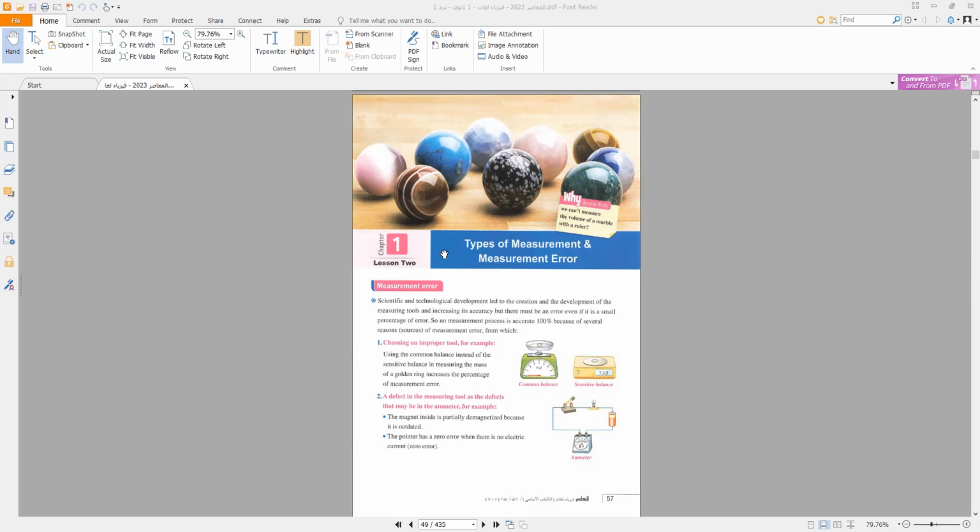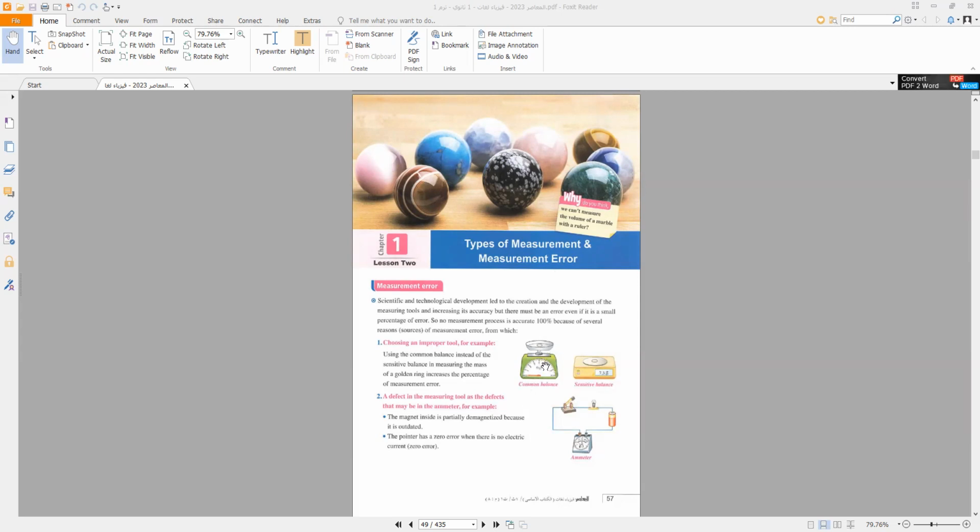Last session, I talked about how measurement error may be due to many reasons. Number one, choosing improper tools. What does improper or unsuitable tools mean? When you want to measure very small masses, like the mass of a gold or silver ring, you will use a sensitive balance or digital scale, not a common balance. Why?